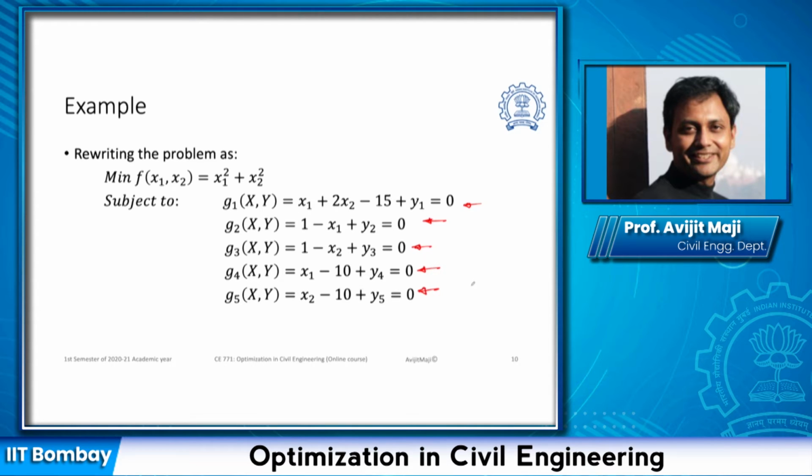So my multivariable inequality constraint is now transformed into multivariable equality constraint. To solve this, let us understand the directions we were talking about. To understand that, let us represent this in a graphical format.